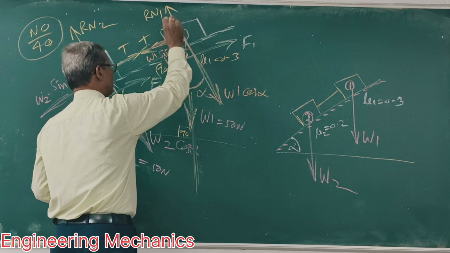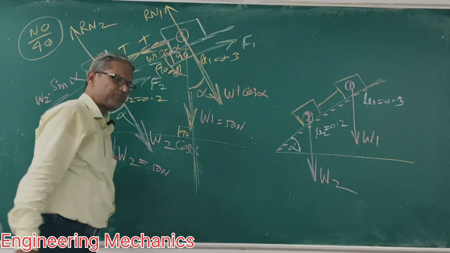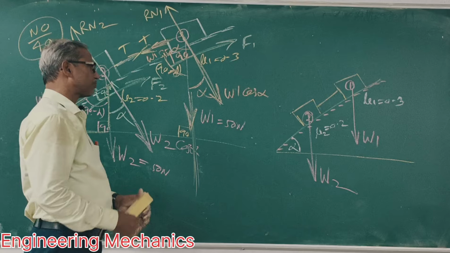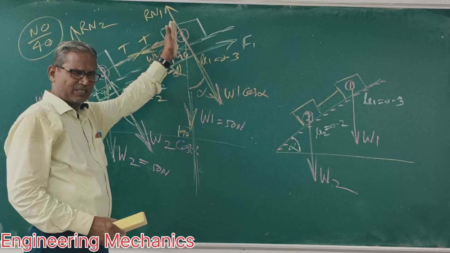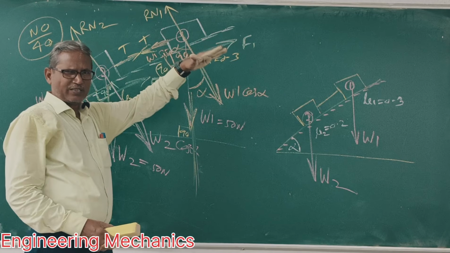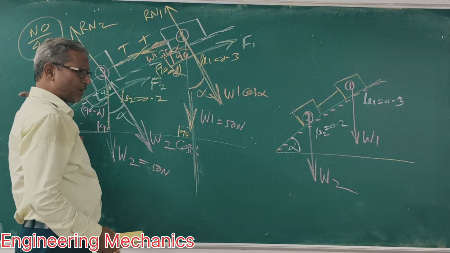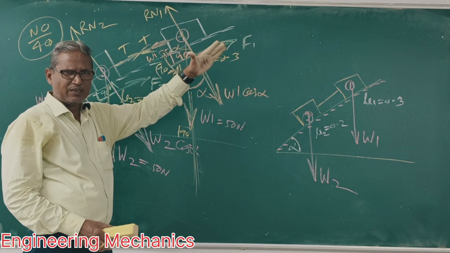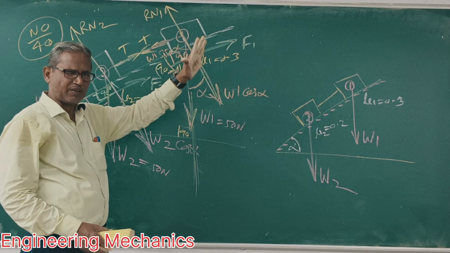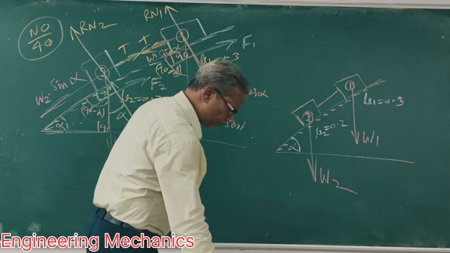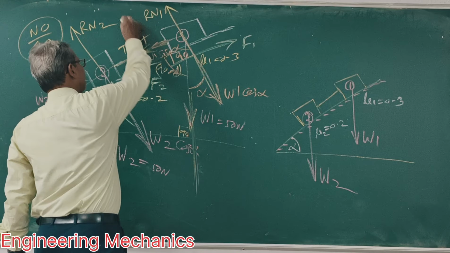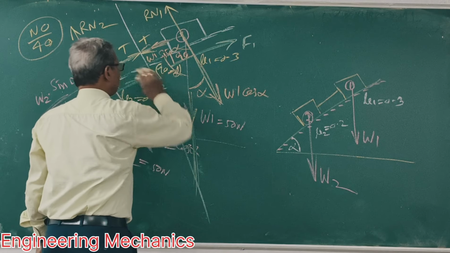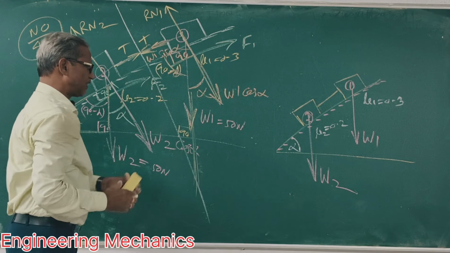Okay. Now the normal reaction is along the y-axis, friction is along the x-axis. The block tried to move downwards, so in both cases the friction is acting upwards. Clear? Now take block 1, block 2. First take block 1, then take block 2.